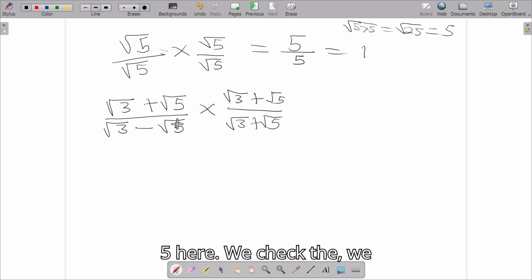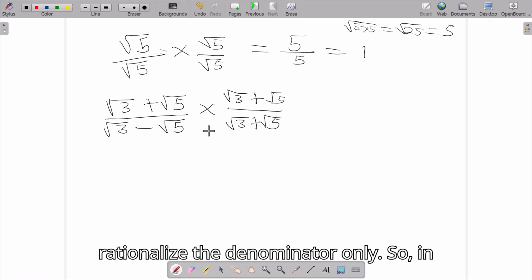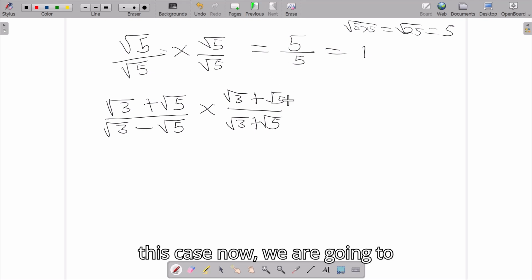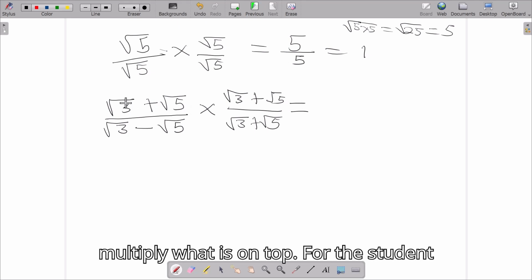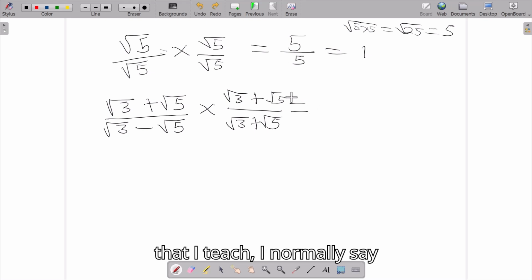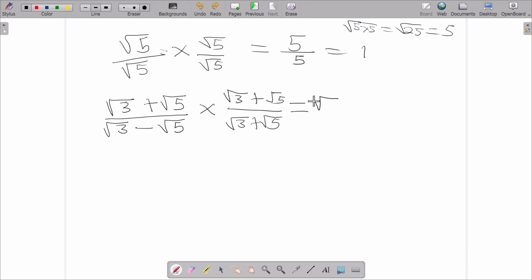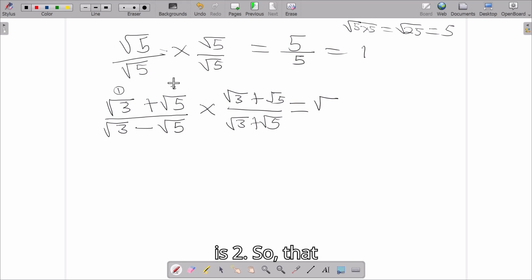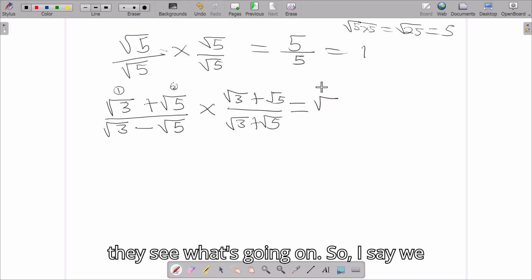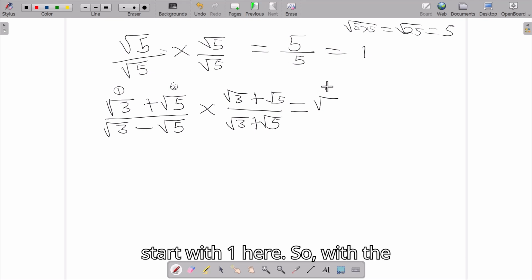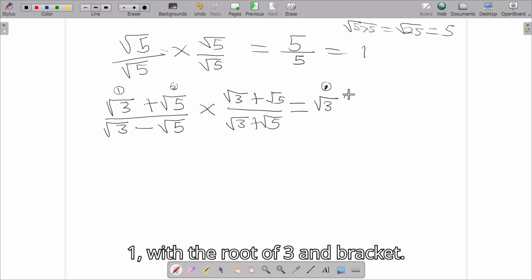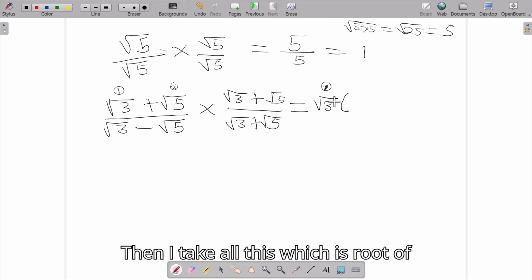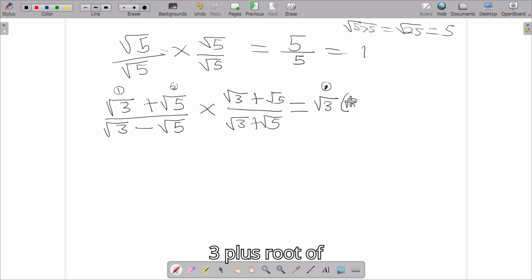Here, we rationalize the denominator only. So in this case now, we are going to multiply what is on top. For the students that I teach, I normally call this 1 and this is 2, so that they see what's going on. So I start with 1 here. With the 1, it's root 3, then bracket, then I take all this, which is root 3 plus root 5.